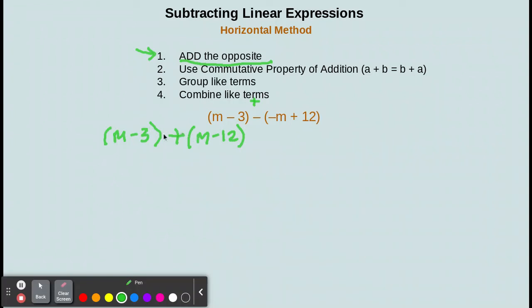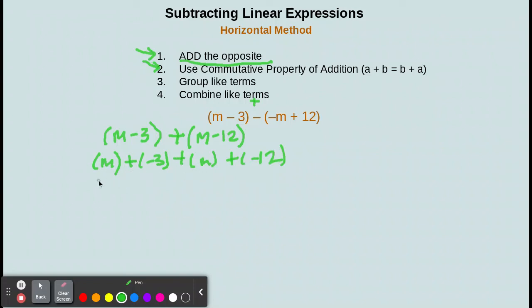Okay, so that's our new expression. And then we want to use the commutative property of addition so that we can rewrite this so we can more easily group or combine our like terms. So this becomes m plus a negative 3 plus m plus a negative 12. Okay, here goes the commutative property.